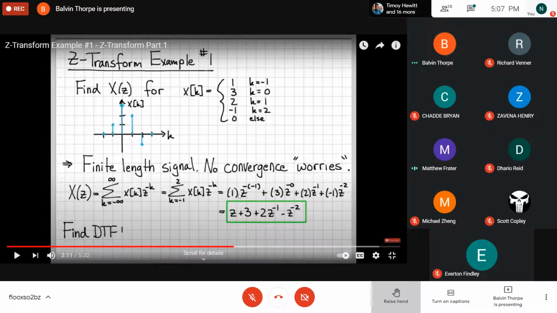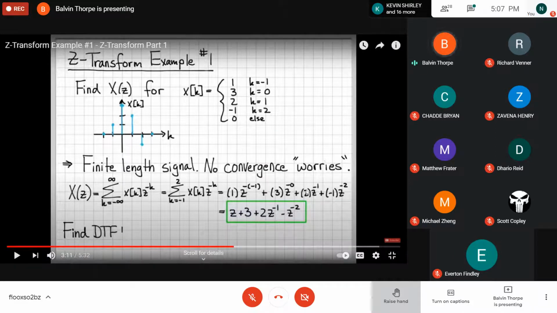What's the magnitude? 1. Plus, I will do the same thing here. The magnitude of the function at 0 is 3. So I have a 3 here. Z to the minus 0. When it's minus or plus 0, any variable raised to the 0 power is 1. So that's why I get the 3 here, okay?